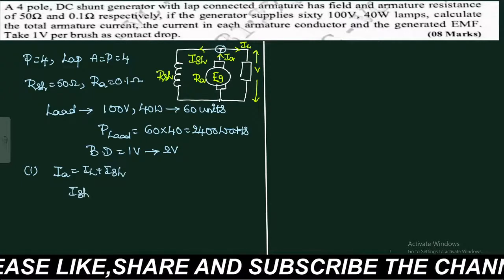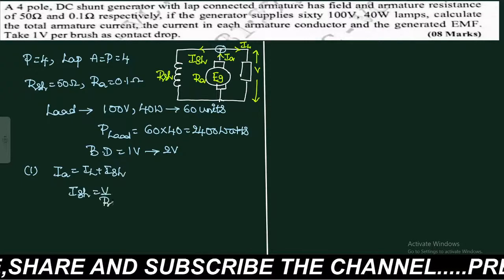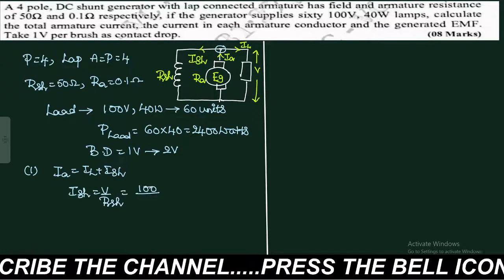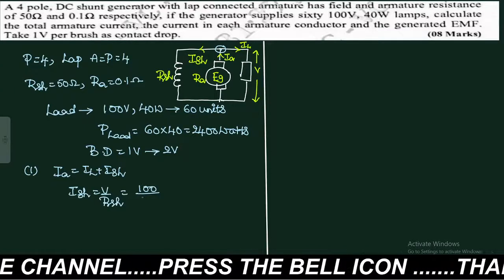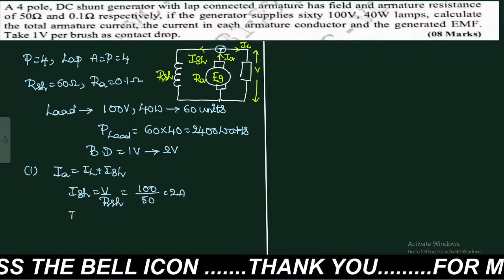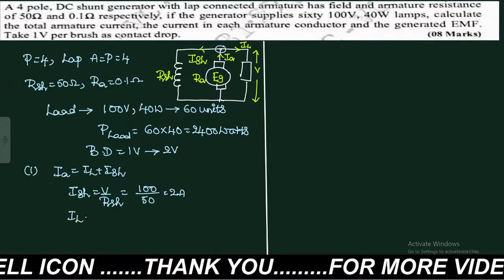ISH is equal to V by RSH. The V value is 100 volts and RSH is given as 50 ohms. That means the ISH value is 2 amperes. Next, IL you have to calculate.